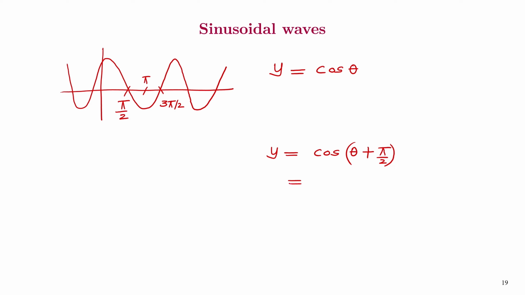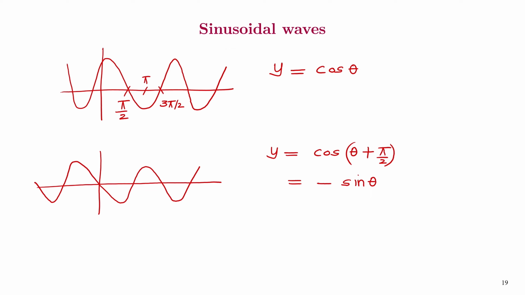In this case, it will be negative of sine theta, and this wave can be represented as shown, with pi by 2, pi, and 3 pi by 2.